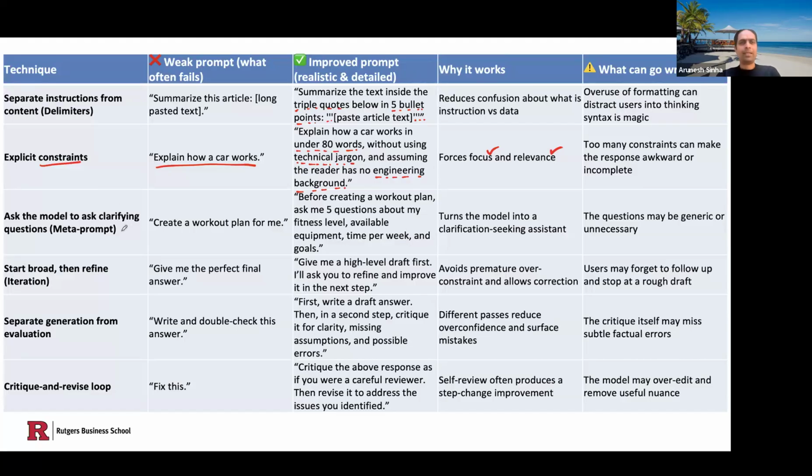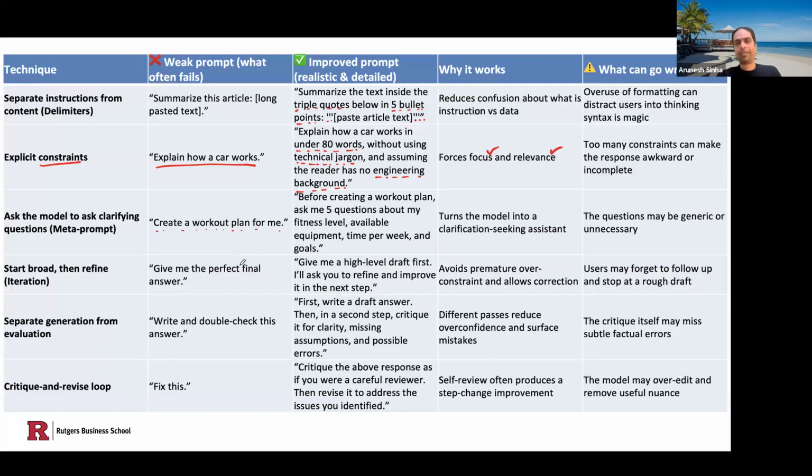You can ask the LLM to ask clarifying questions to you. So for example, if you want to ask the LLM to create a workout plan for yourself, the LLM doesn't know things about you. It doesn't know your fitness level. So when you ask this, it will create a generic fitness plan.